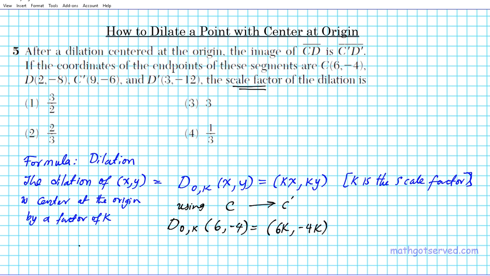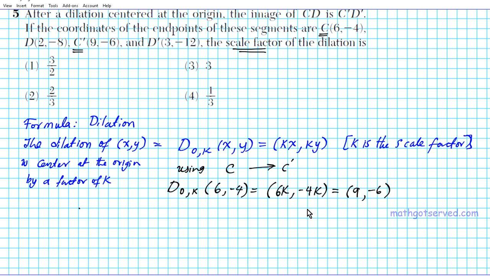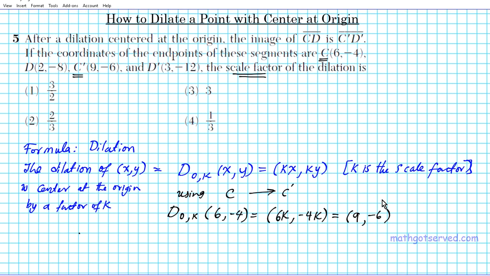All right. Now, upon dilation, what are the values of my coordinates going to be? So C is going to get mapped to C prime. So after the dilation by a factor of k, you're going to end up with 9 comma negative 6. So to finish off this problem, we're going to use simple algebra to solve for our k value.